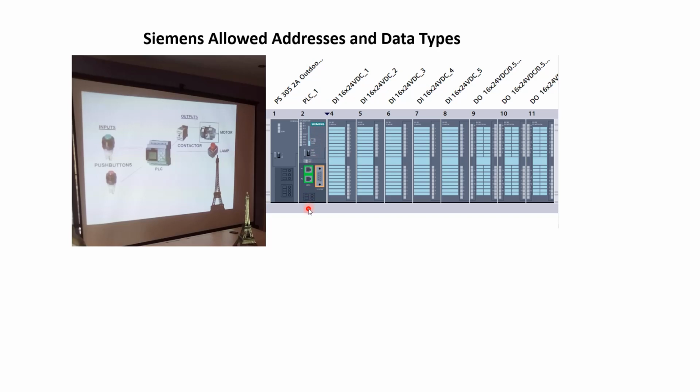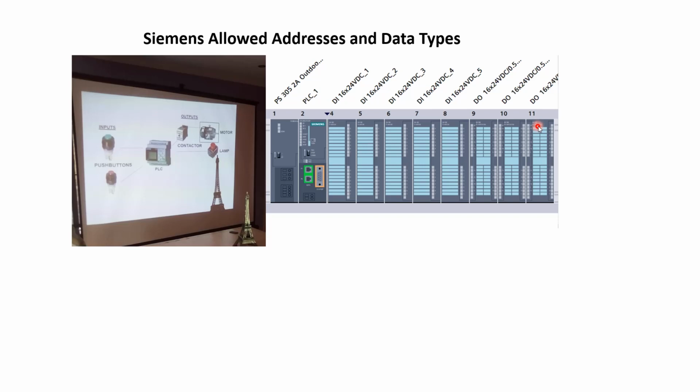On slot number 4, we have a 16-bit digital input card, and up to slot number 8 we also have a 16-bit, 24 volts DC digital input card. Then from slot number 9 up to slot number 11, we have a 16-bit digital output card.